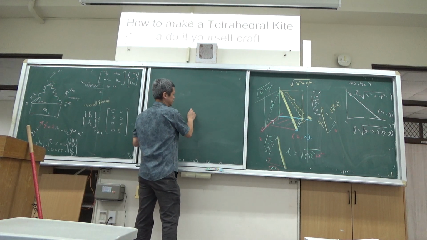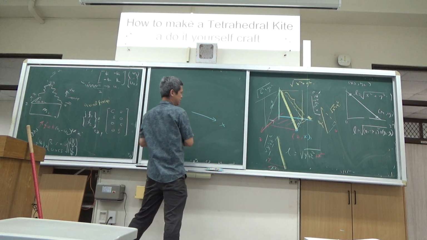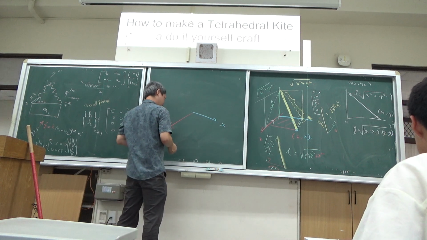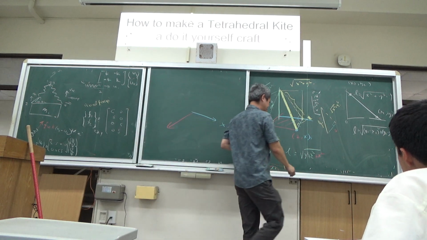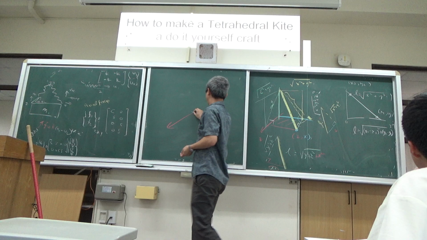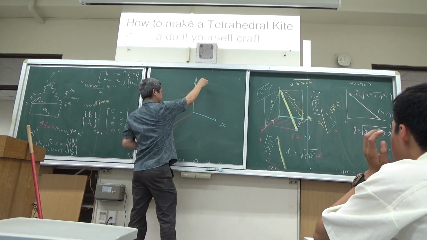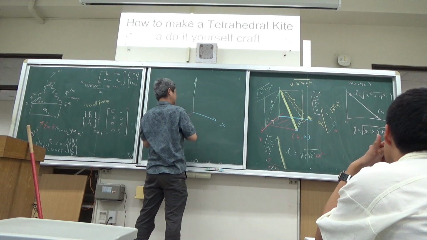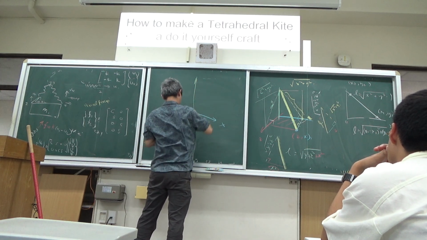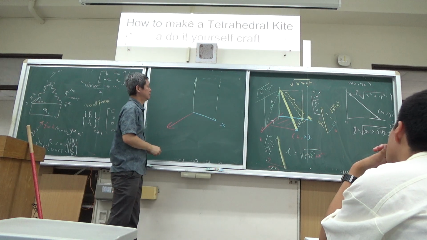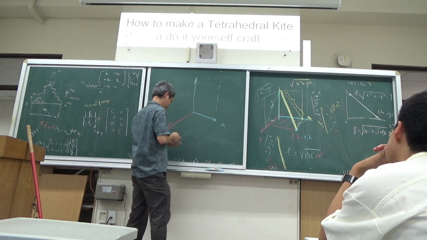Convention. You have the x-axis, you have the z-axis, and your y-axis. Let's say this is your x, this is your y. And then next, you have your z.